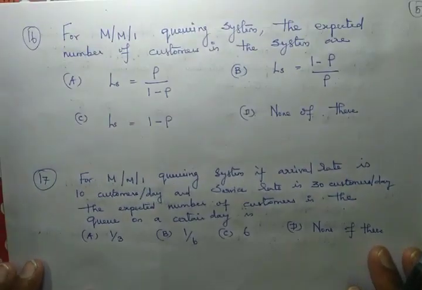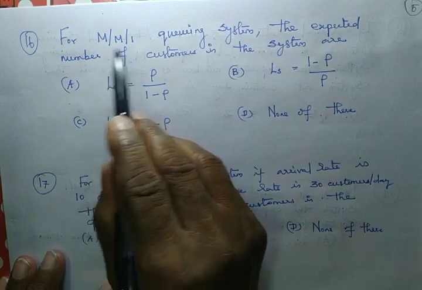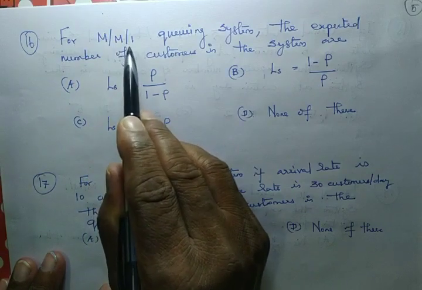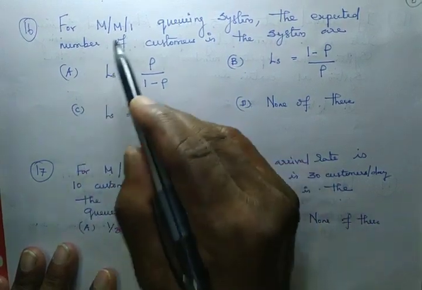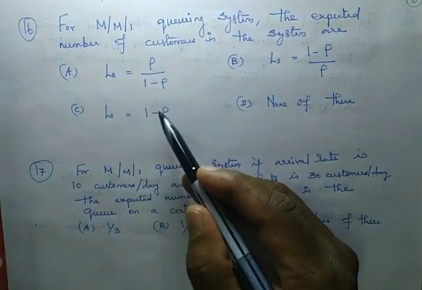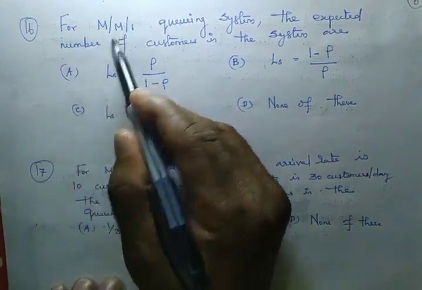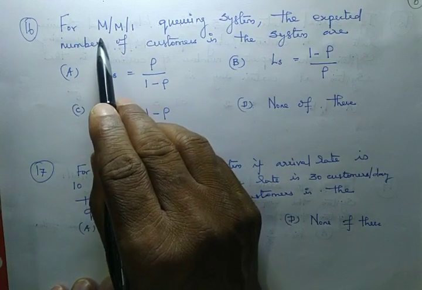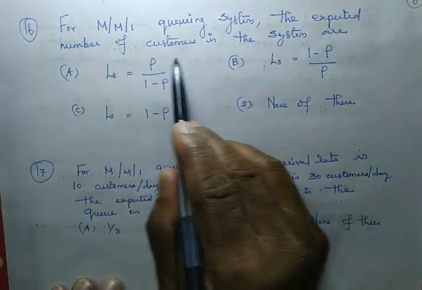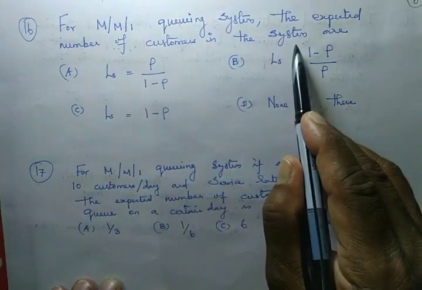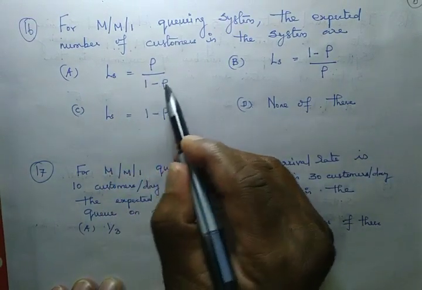Now the next one, which everyone mostly gives more importance to. This is the first model, M/M/1 with a single server, not multi-server. Most of the problems will come from the single server part, and only then can you think about the multi-server. Most of the questions are repeatedly asked from the single server only, so give more importance to the single server questions. For Markovian arrival, with the server also Markovian, the single server queuing system: the expected number of customers in the system, LS, equals rho by 1 minus rho.